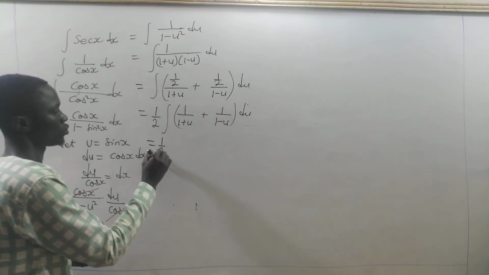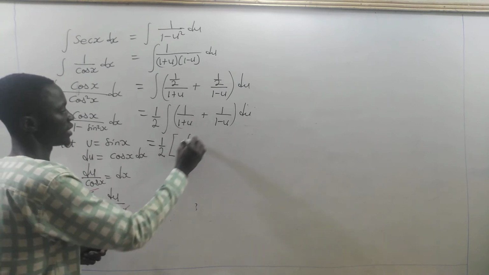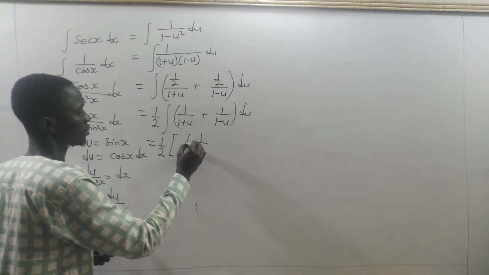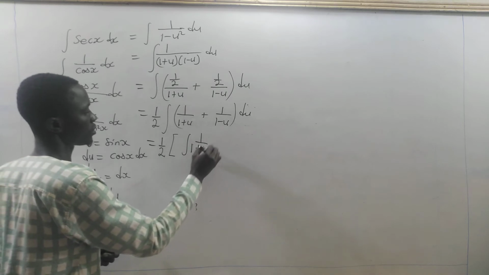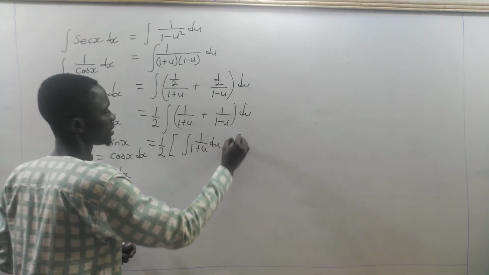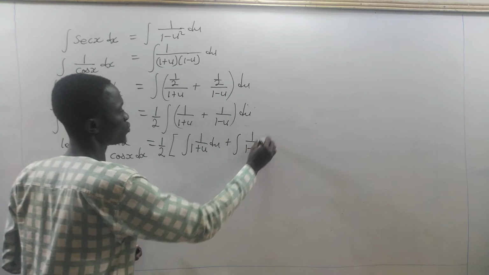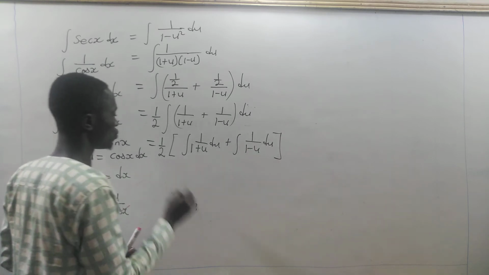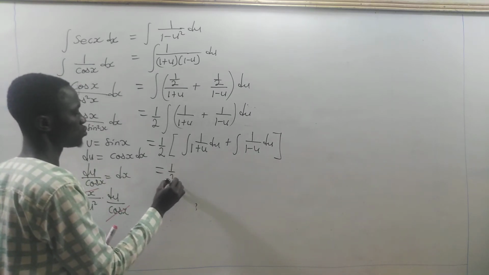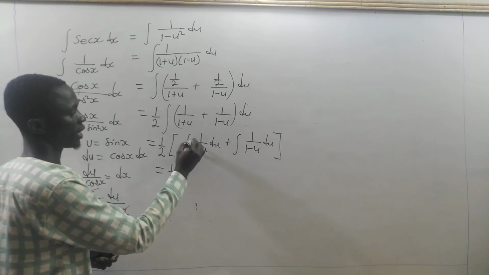So we have 1 on 2, the integral of 1 on (1 plus u) du plus the integral of 1 on (1 minus u) du. And this will give us 1 on 2, 1 divided by 1 plus u.